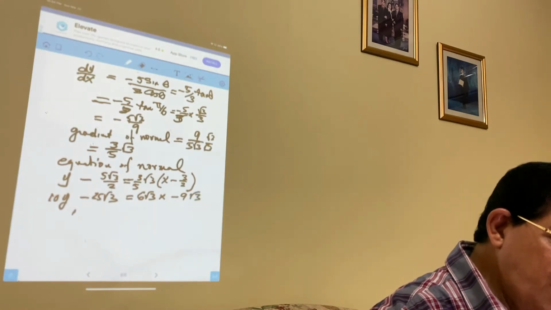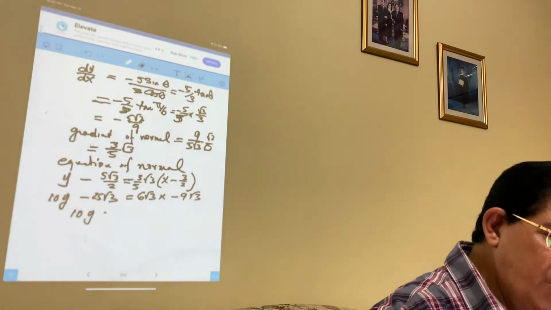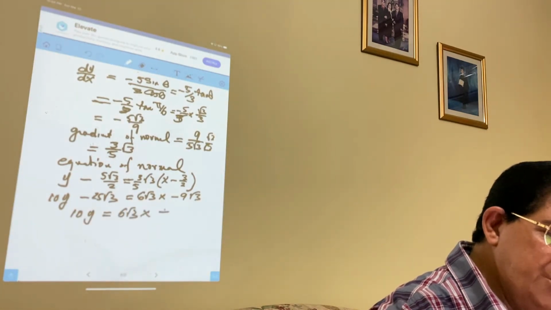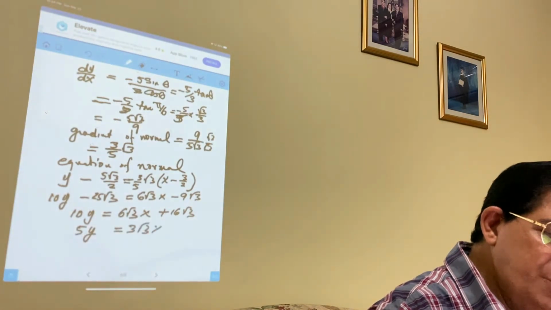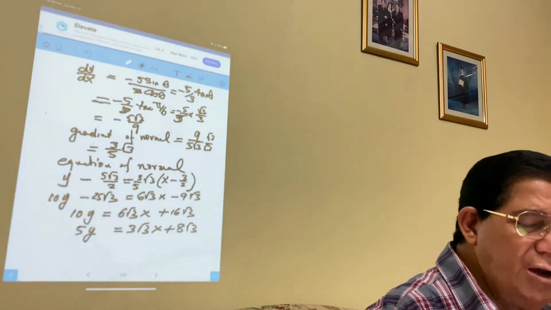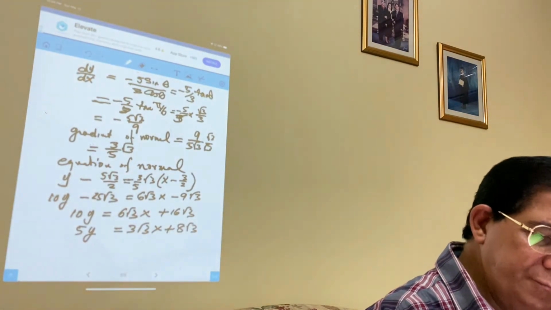This would be 10y equals 6√3x plus 16√3. Divide by 2, you have 5y equals 3√3x plus 8√3. This is the equation of the normal.